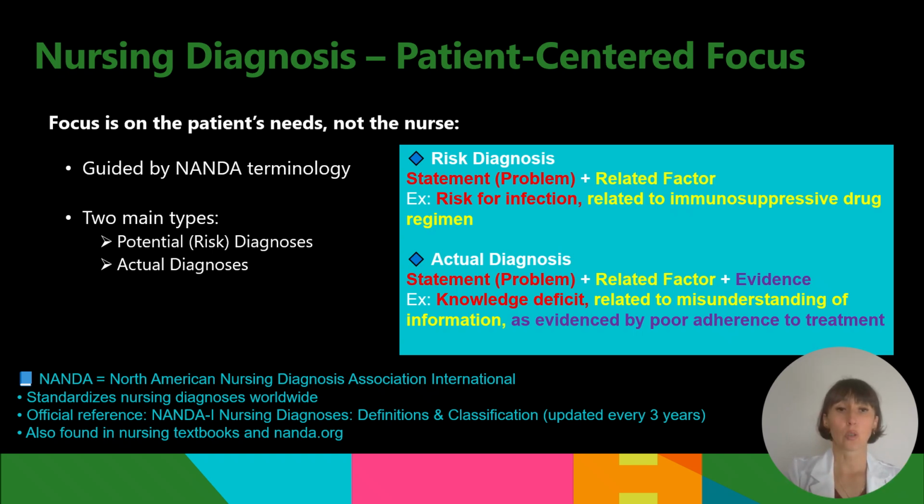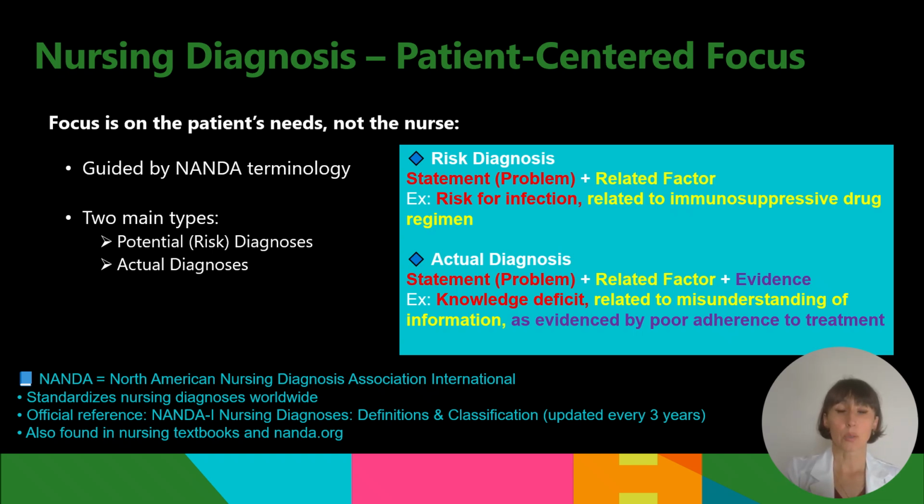So for risk diagnosis, we have a diagnostic statement and a related factor or cause. For example, risk for infection related to immunosuppressive drug regimen. You see, the infection is not there yet, but the patient is on immunosuppressives, and so they may potentially develop infection. So risk for infection related to immunosuppressive drug regimen.